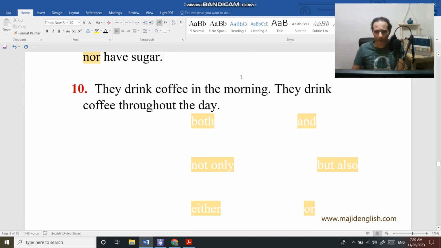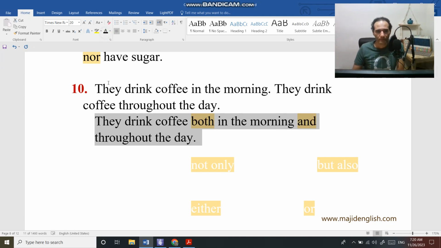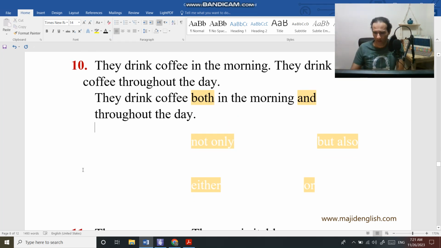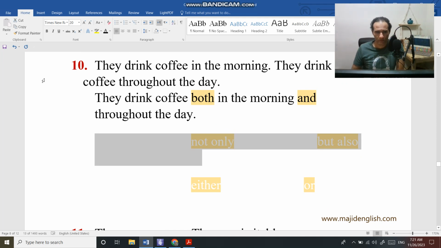They drink coffee in the morning, they drink coffee throughout the day. So the only similar elements are they drink coffee. So connecting two prepositional phrases together. It says they drink coffee both in the morning and throughout the day. Throughout is another prepositional phrase. Yeah? Or instead of that, we can go with not only but also.